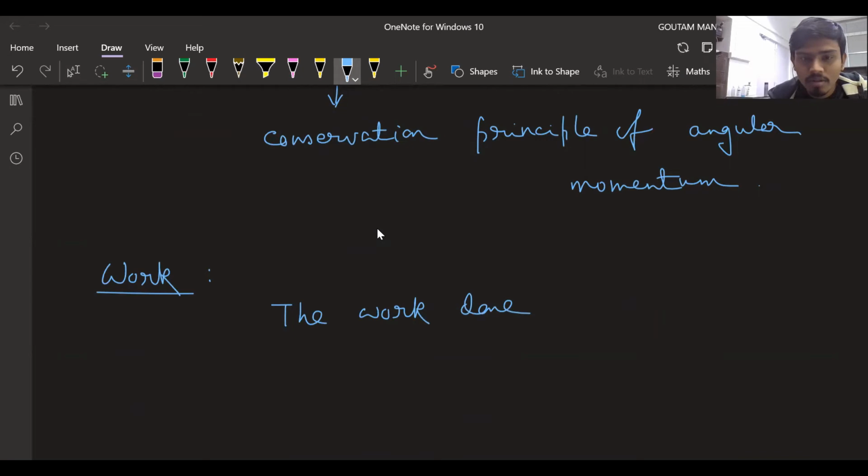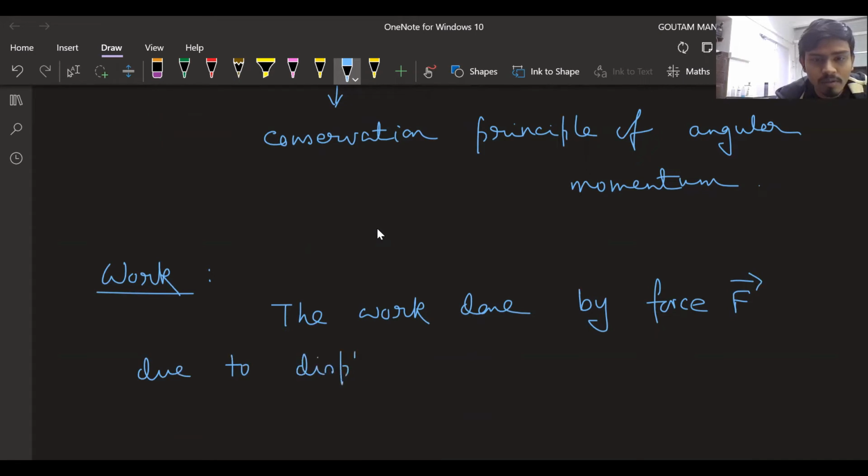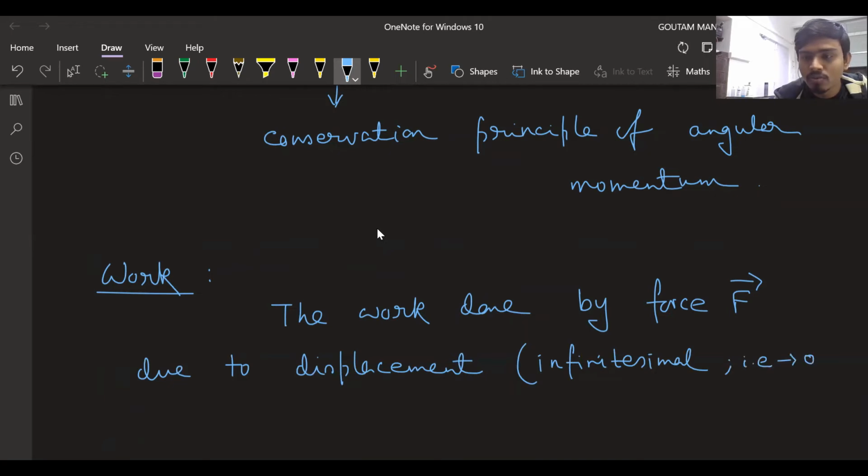The work done by force F due to a displacement which is infinitesimal. Infinitesimal means that it tends to zero.